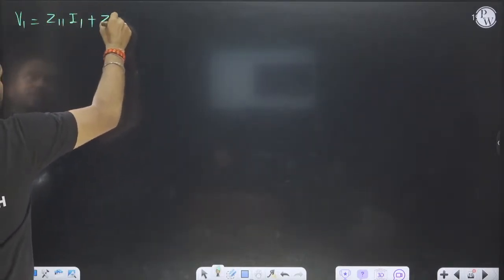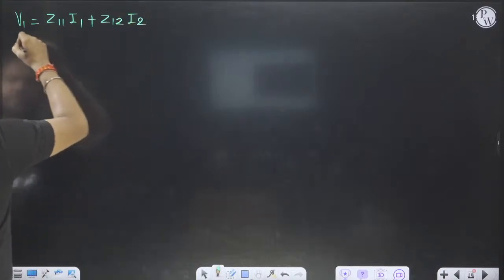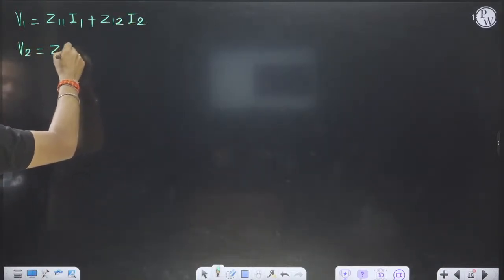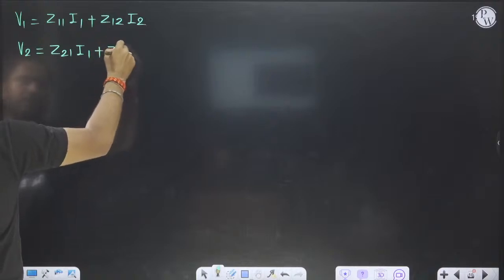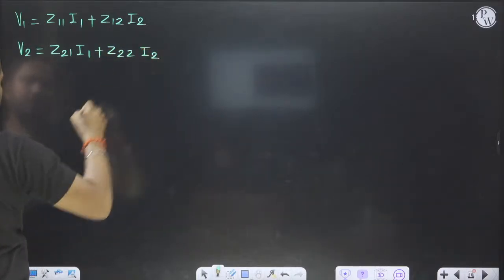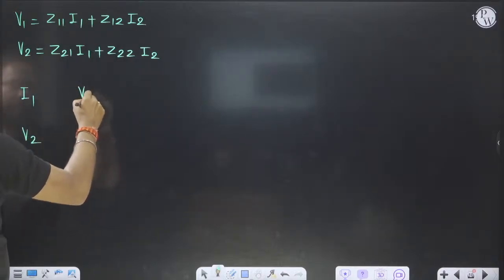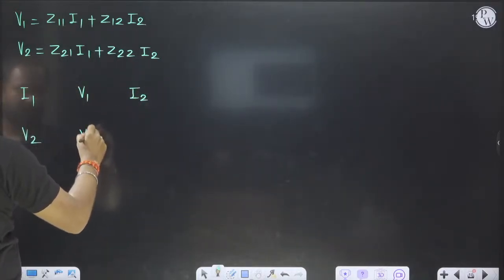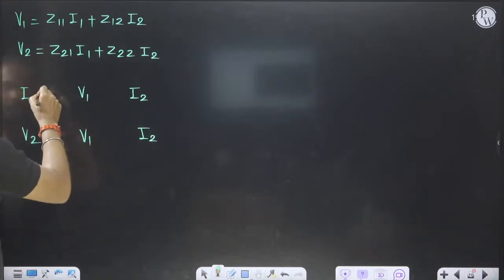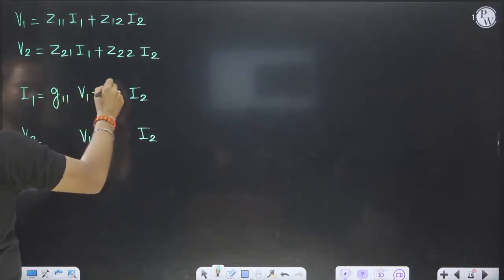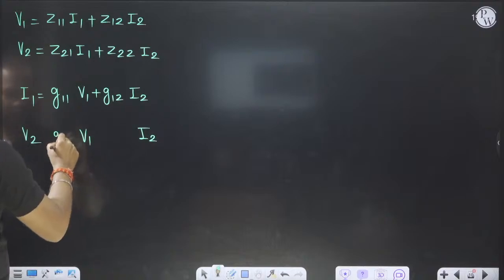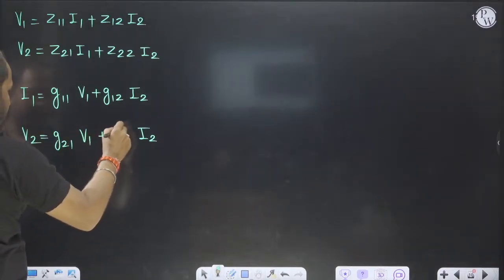So I will write the Z parameter: V1 equals Z11 I1 plus Z12 I2, and V2 equals Z21 I1 plus Z22 I2. And the G parameter: I1 equals G11 V1 plus G12 I2, and V2 equals G21 V1 plus G22 I2.